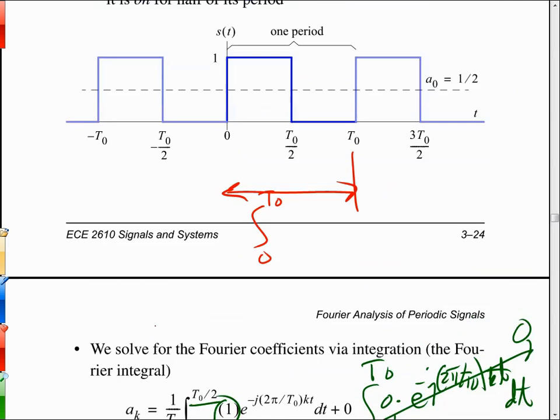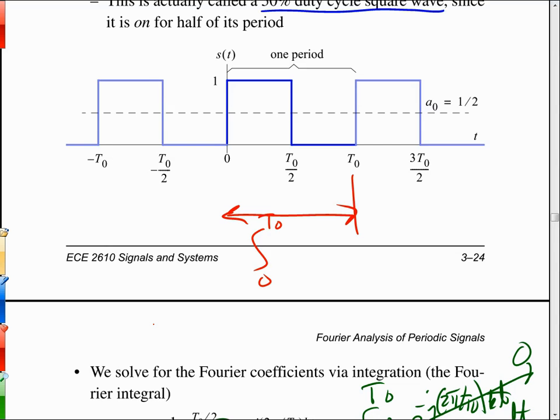And if we go back up here to this picture and just drill down on one period, does it make sense that A0 is equal to 1/2? Because it's representing the so-called average value. So half the time the waveform was sitting at 1, half the time the waveform was sitting at 0, so on average it sits at 1/2.